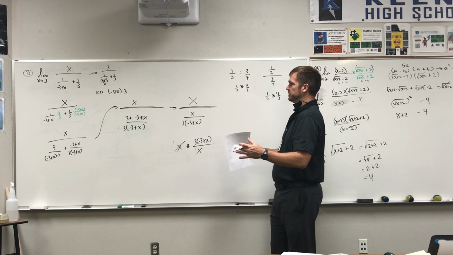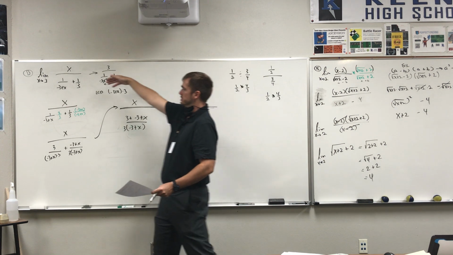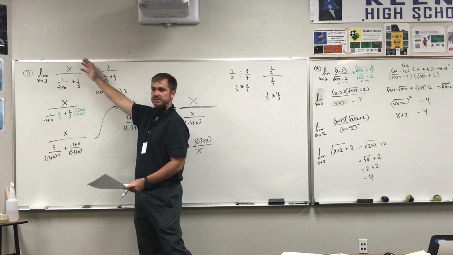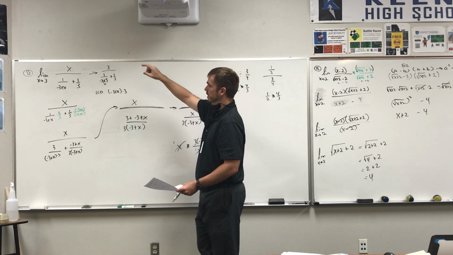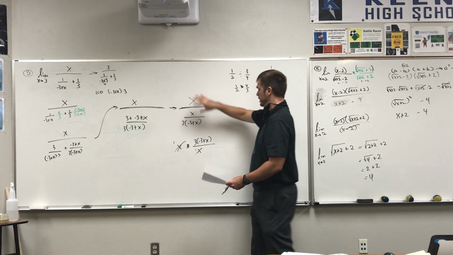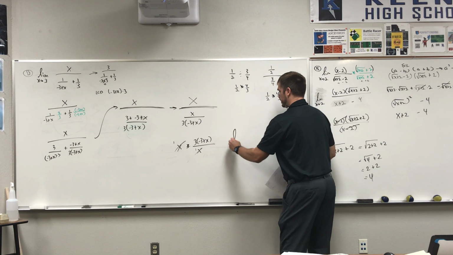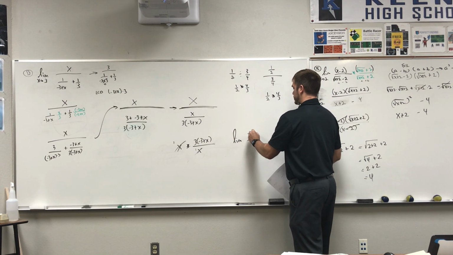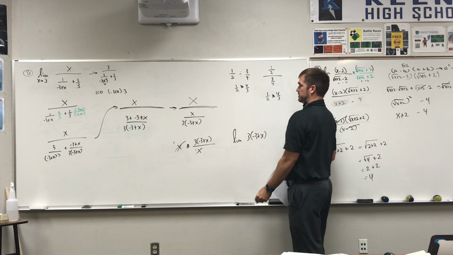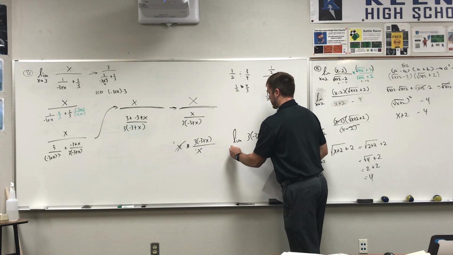So weirdly, this is called a complex fraction. A fraction with fractions, okay? That whole thing there, x over 1 over negative 3 plus x plus 1/3, can literally be written like this. The limit of 3 times negative 3 plus x as x approaches 3.